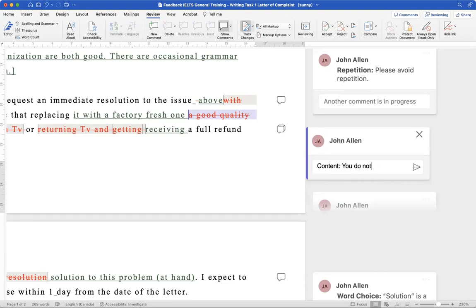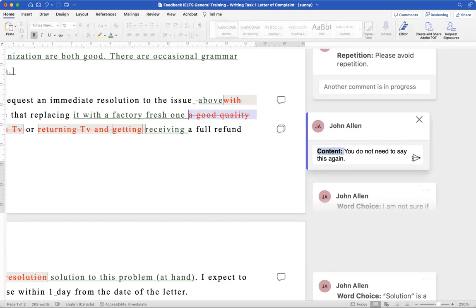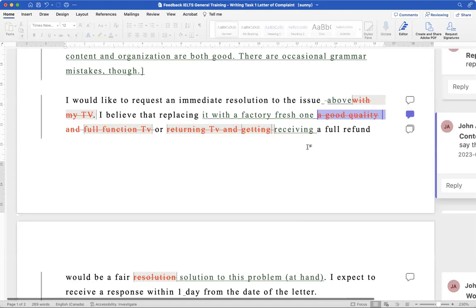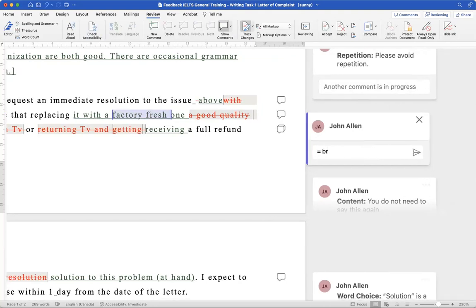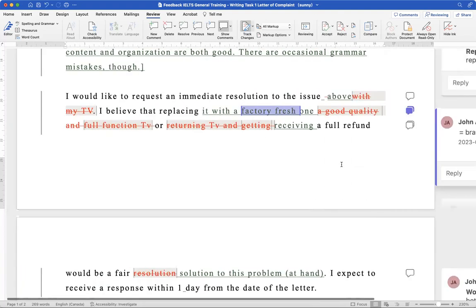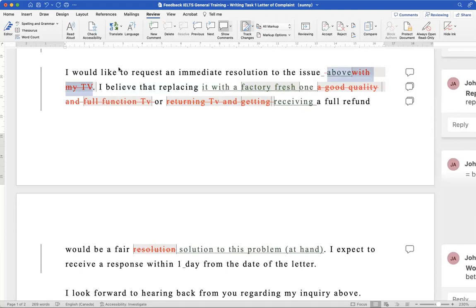You do not need to say this again. You can just say factory fresh. Factory fresh means brand new. You are the first person opening the box. You are the first person using this device. Okay. And again, this is about repetition.